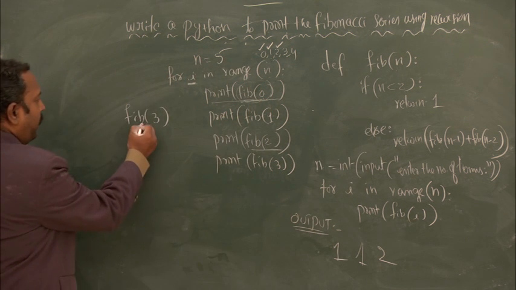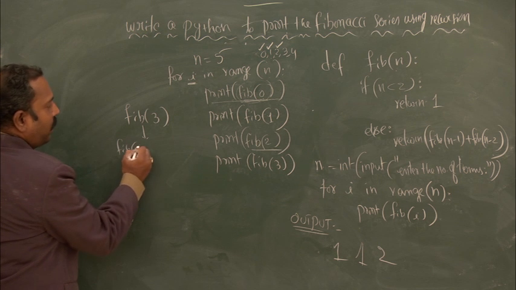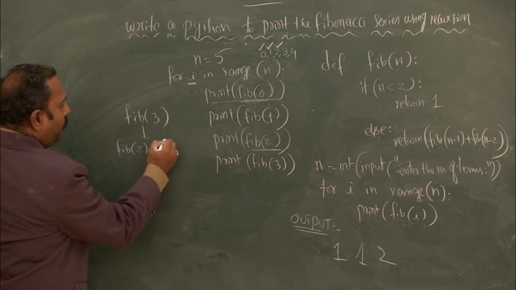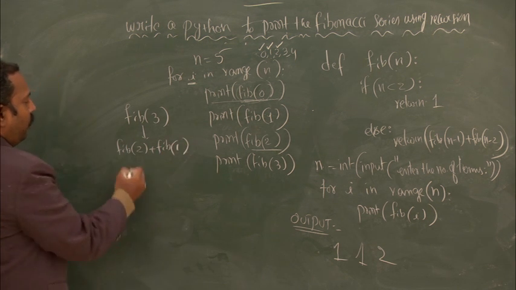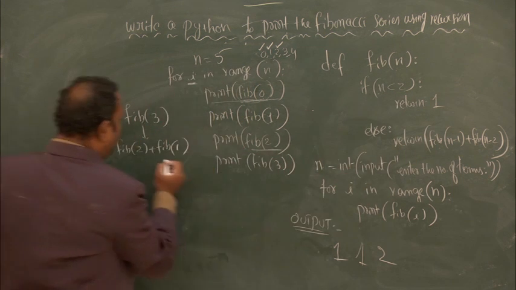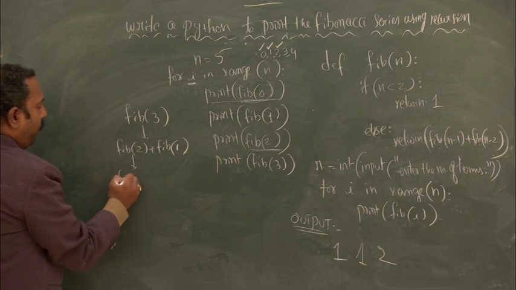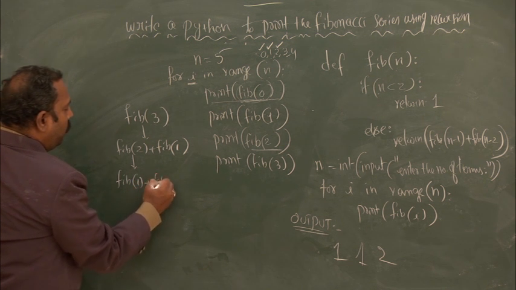In the else case again there is a function call, that is fib of 3 minus 1, which is 2, plus fib of 3 minus 2, that is 1. So fib of 2: again there is a function call, 2 is less than 2, condition false. Again it comes to fib of 2 minus 1, that is 1, plus fib of 0.